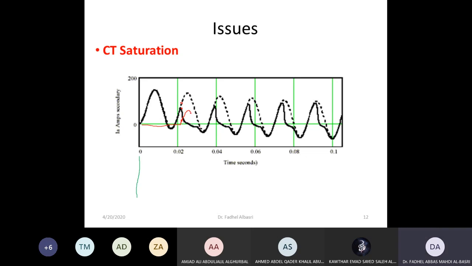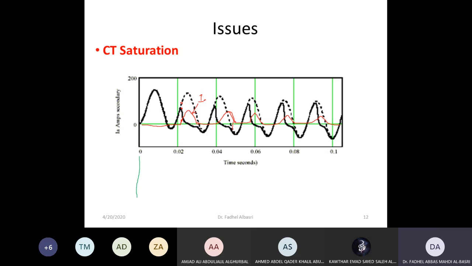Then here there will be 0 again. Here also another differential current will become 0 at this moment. Then I have a differential current. So the differential current will look like this. So this is the I differential.